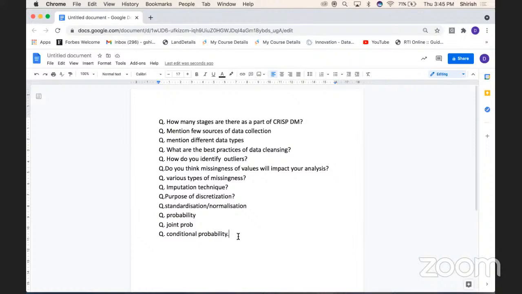We can say that in a simple way, conditional probability is nothing but a condition that a particular person, a human being, is worried about his hair fall. The condition could be anything.